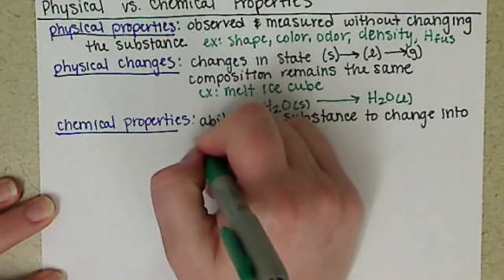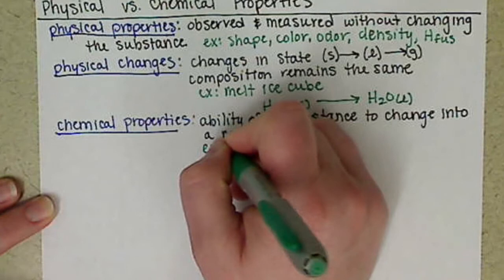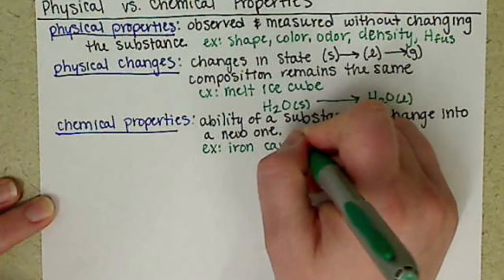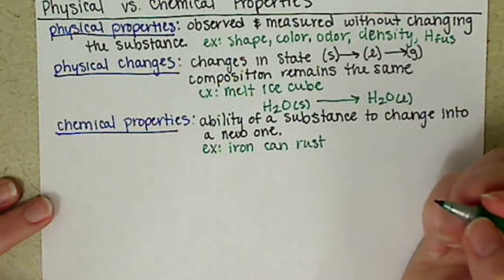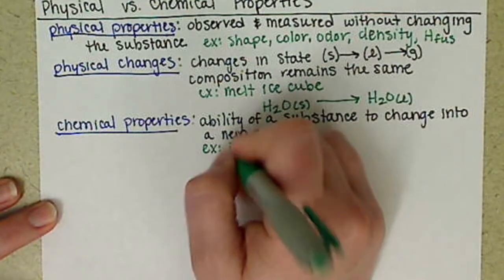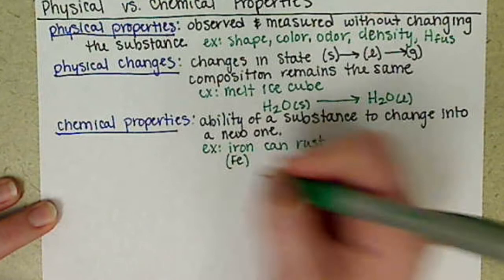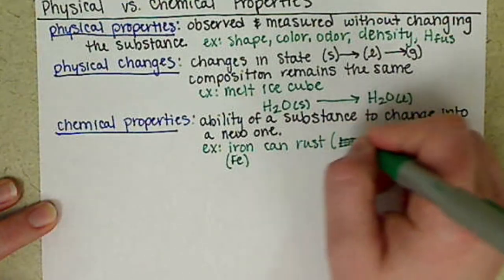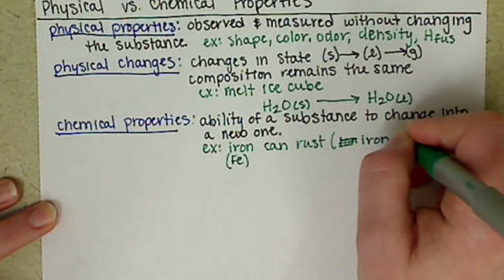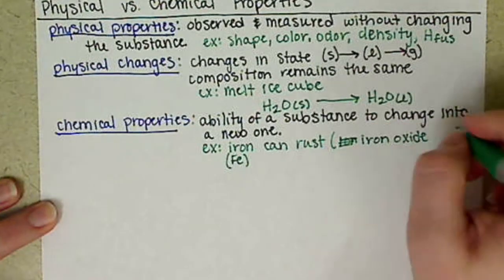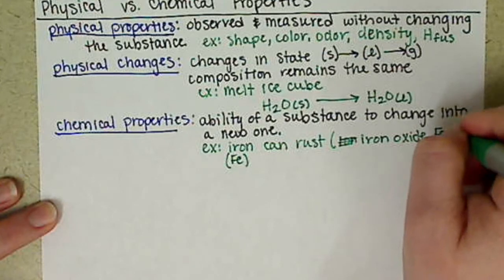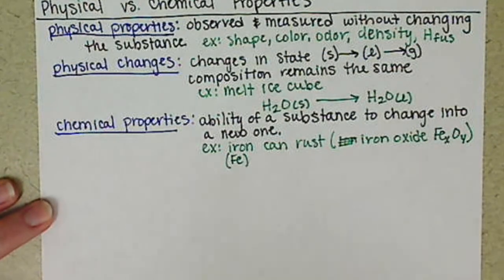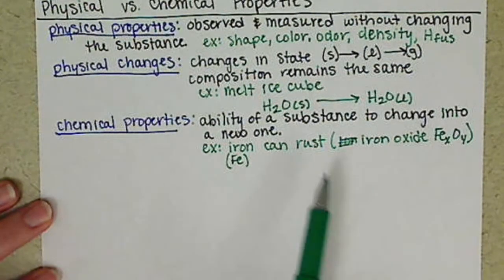An example of a chemical property is that iron can rust. Iron is Fe. Rust is what we call an iron oxide, so it's FeXOY, and those X's and Y's can change depending on the environment.